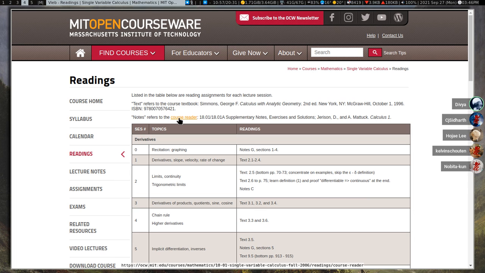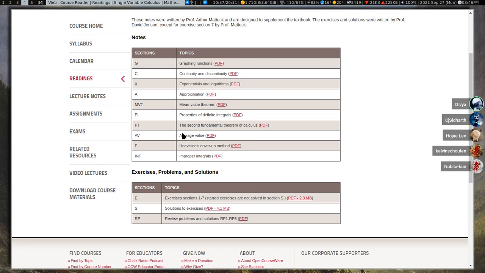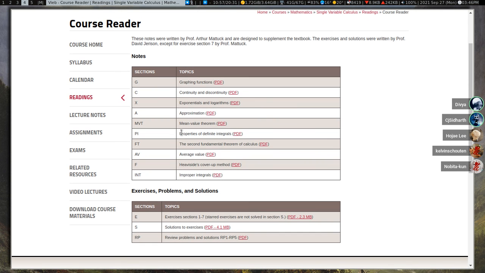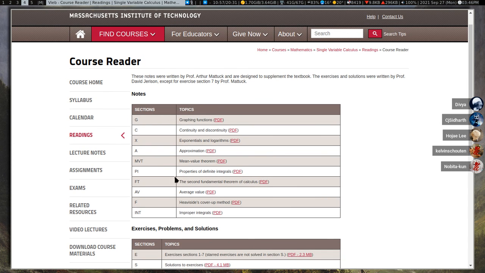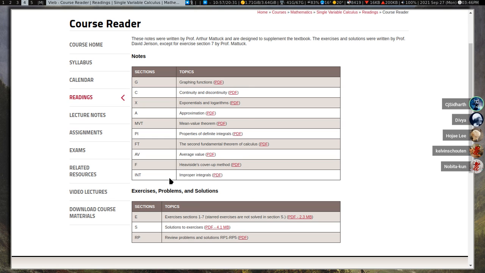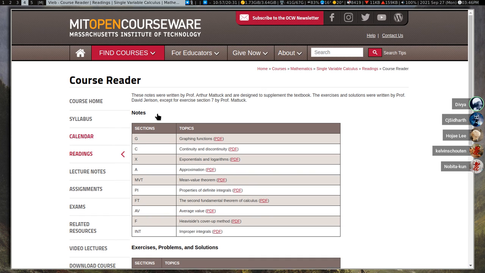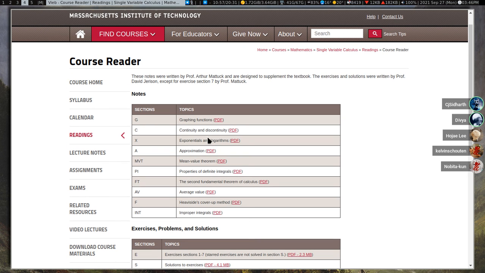Also the course reader, supplementary notes, exercises. Okay, so the ones which I should see now are graphing functions and continuity? Yeah, these are the supplementary notes, which can help you with knowing more about specific concepts.